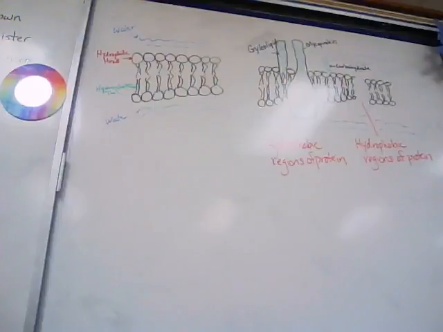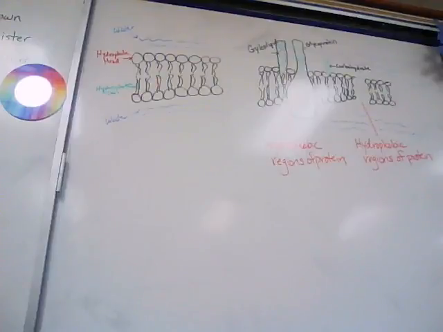Okay, so now we are going to talk about the membrane proteins and their functions. Now we come to the mosaic aspect of the fluid mosaic model. A membrane is a collage of different proteins embedded in the fluid matrix of the lipid bilayer.